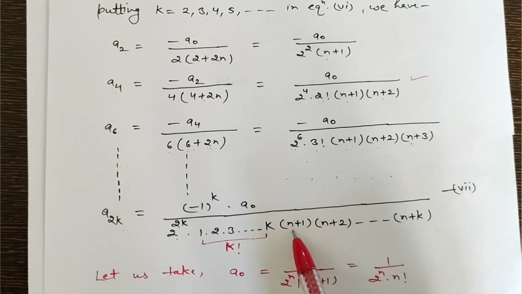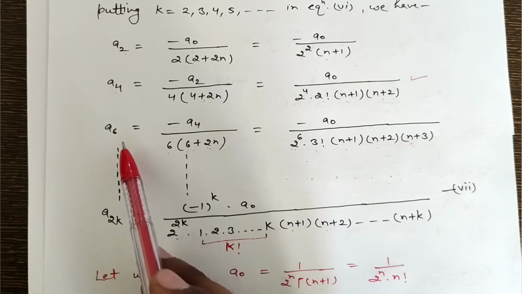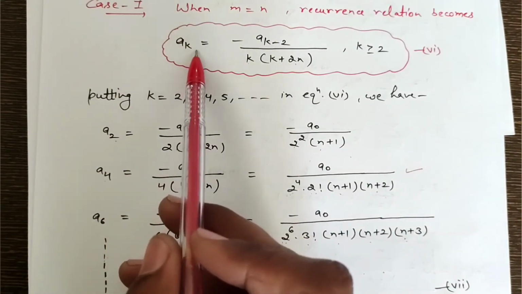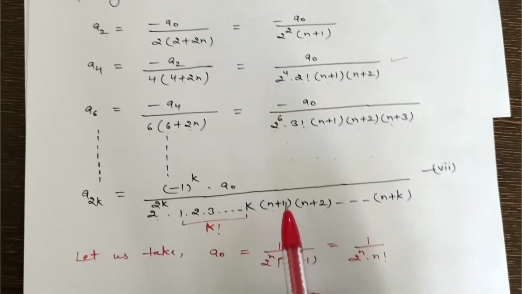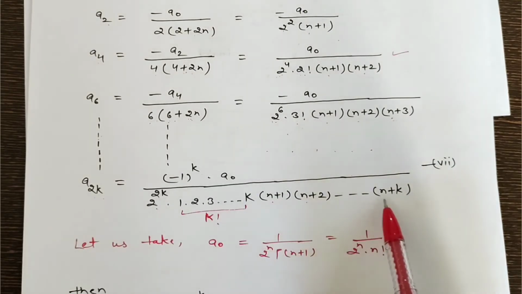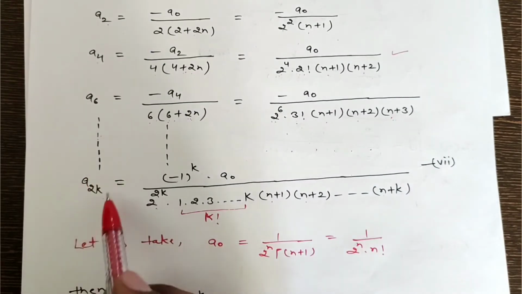And the remaining terms are n plus 1, n plus 2, n plus 3, n plus 4 up to what? n plus k, because a6 is obtained after putting k equals to 6 here. So here it is n plus 3. So for a2k it can be written as n plus 1, n plus 2, n plus 3 up to n plus k. Clear?